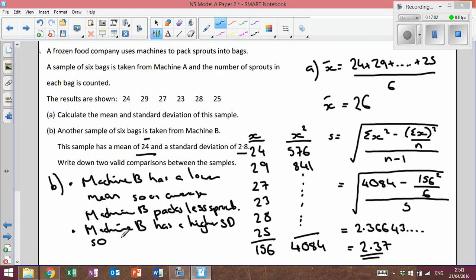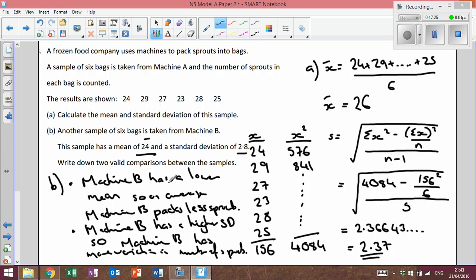So remember that standard deviation measures the spread, how consistent it is. So machine B has more variation or is more varied. Has more variation in number of sprouts. Well, that's obviously what that says.